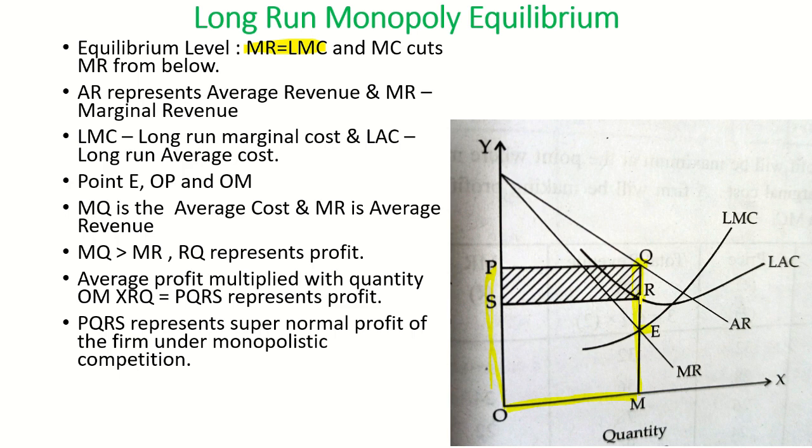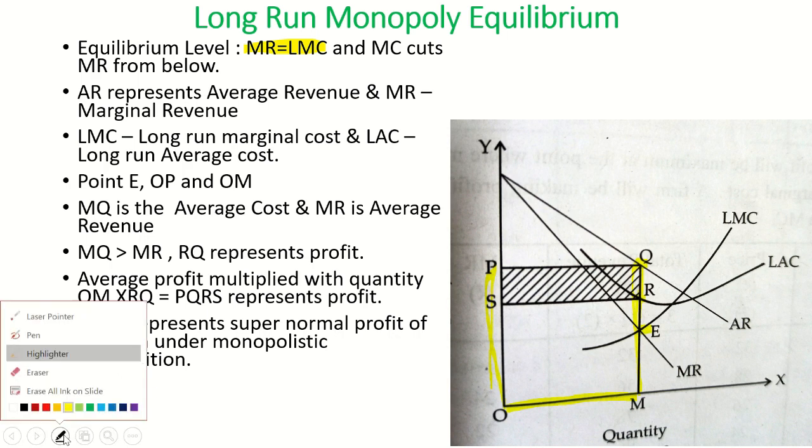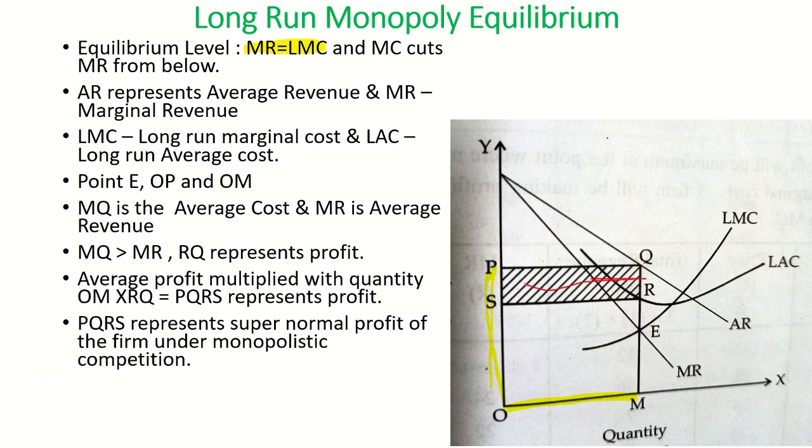So when we compare MQ with MR, we can say that MQ is higher than MR. So the difference between MQ and MR is QR, that is the profit. That's the profit of a single item, that is QR. This is of a single firm.